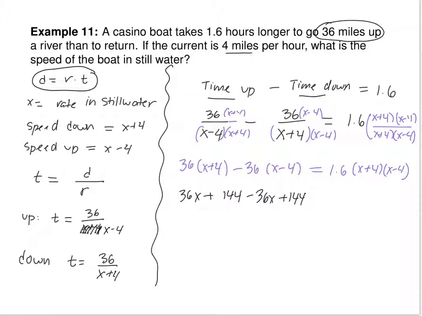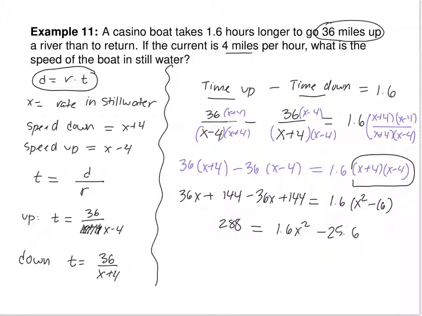Is everyone okay with that? You got 288 on the left equals 1.6. It's easiest on this one to multiply those x's together first. As a difference of squares, they cancel. You get x squared minus 16, minus 25.6. With a calculator, could you guys get it from there?